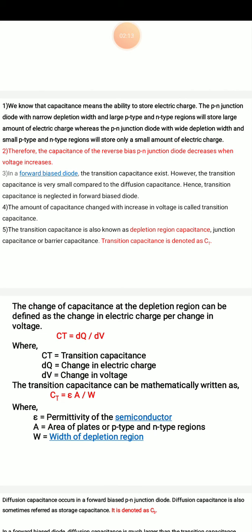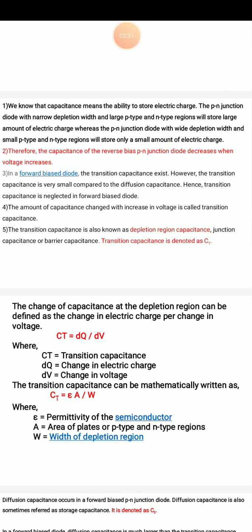Therefore, the capacitance of the reverse bias PN junction diode decreases when voltage increases. Very important point here: the capacitance of the reverse bias PN junction diode decreases when voltage increases.